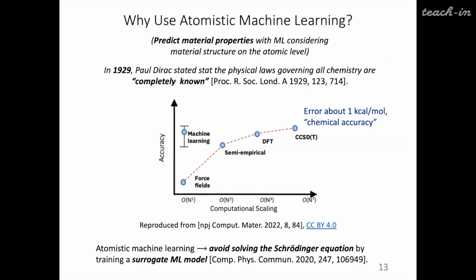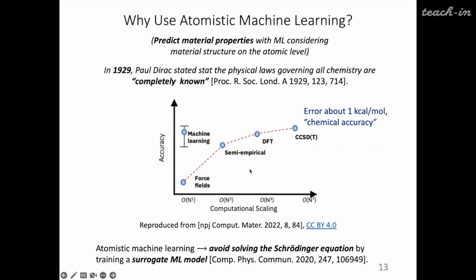However, all these physical laws about which Paul Dirac made this statement relate to quantum chemistry and quantum mechanics, including relativistic quantum mechanics. And all these computations can be really expensive.